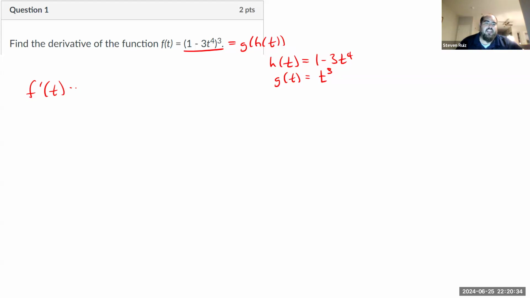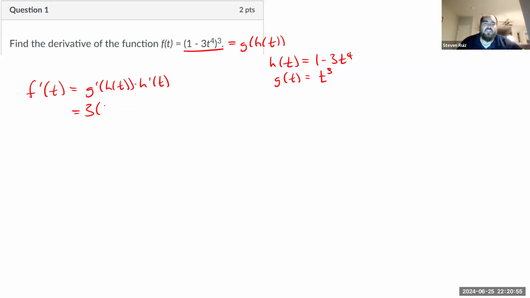f prime of t then is going to be what? It'll be equal to g prime of h of t times h prime of t. So what is the derivative of g? So the derivative of t cubed is going to be 3t squared, except I don't want the t to be t. I want the input to this function to be h of t.